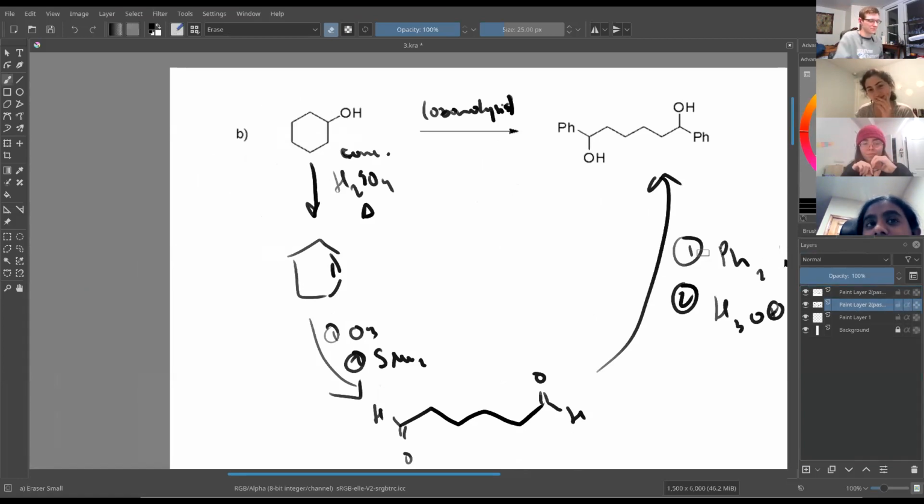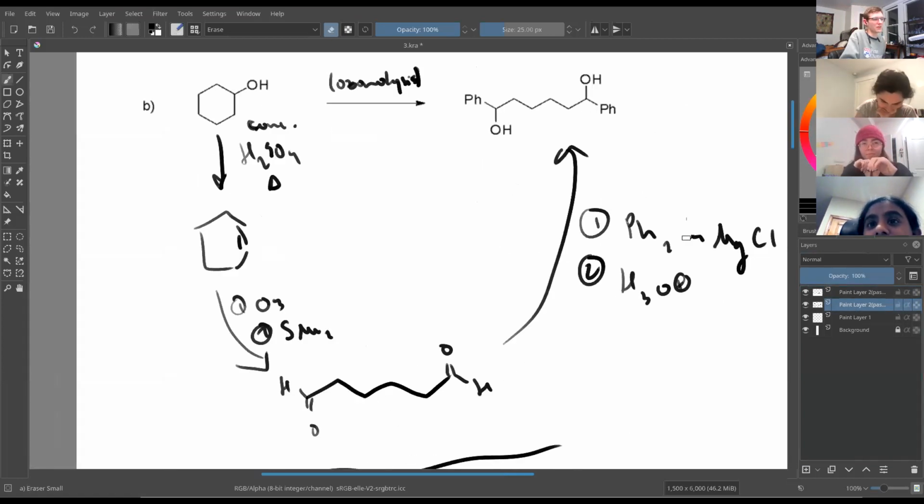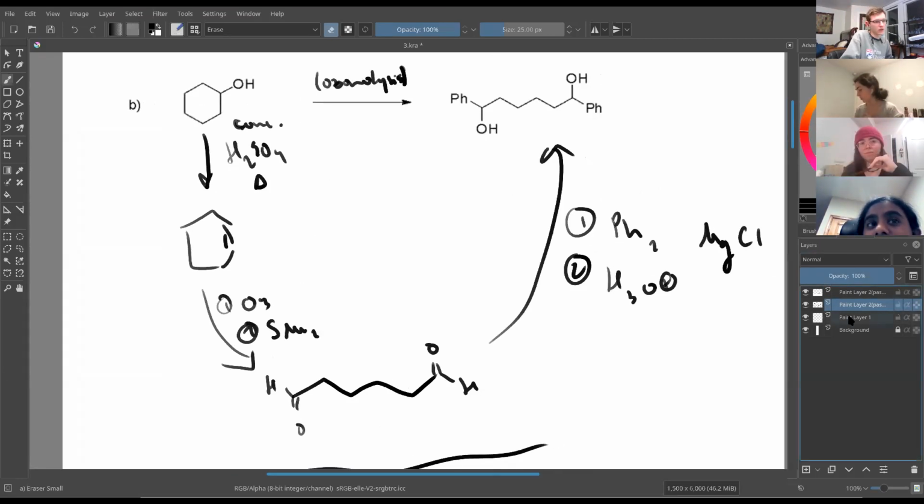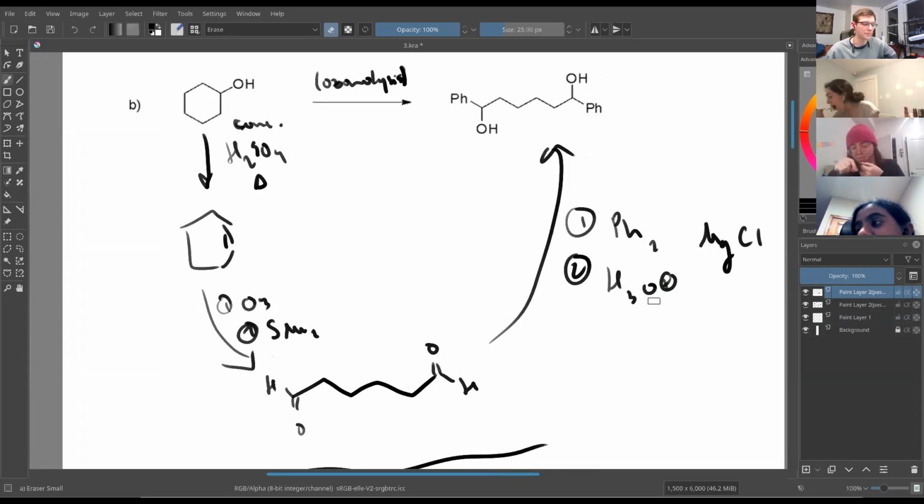There we go. I have it down in my notes that cuprates can only react with acid chlorides, out of the carbonyl ones. Okay. Yeah, that might be the case. I might have misspoken. They can react with acid chlorides and anhydrides for sure. I guess it could be the case that they don't react with aldehydes.